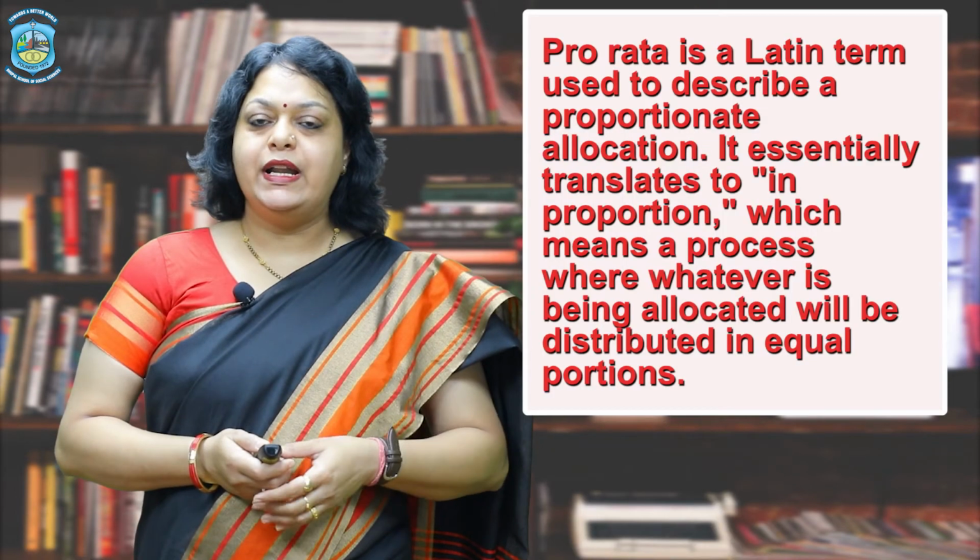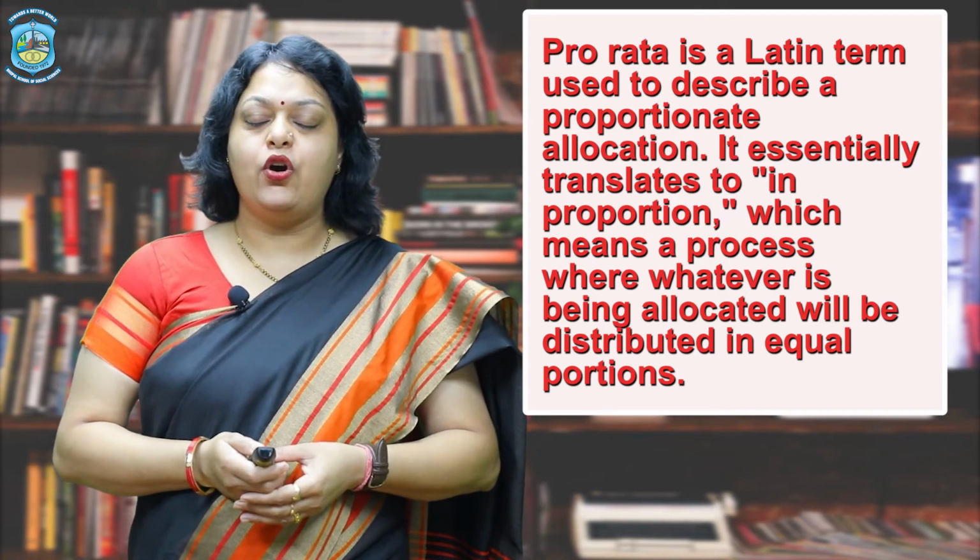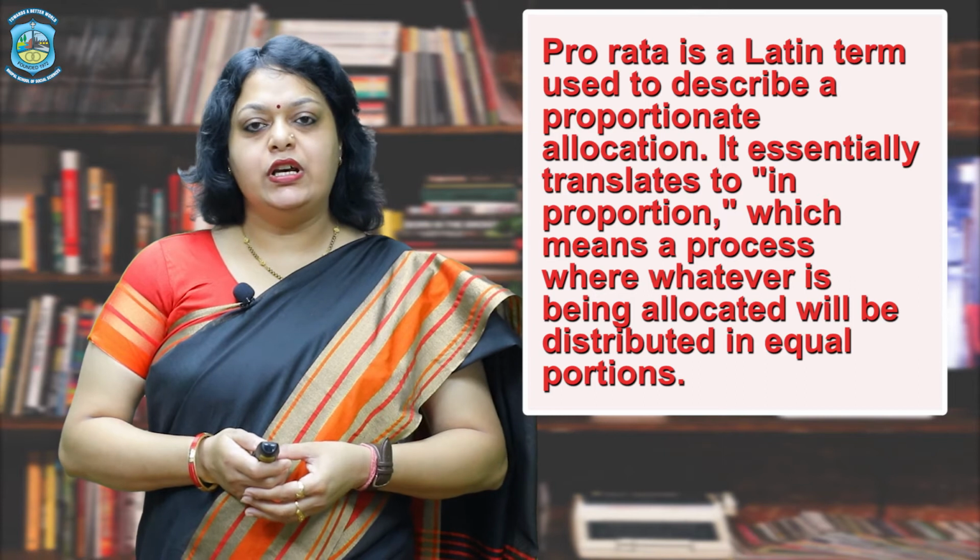Then we have the next condition, oversubscription. Oversubscription is the condition where the company issues the shares on a pro rata basis, and pro rata means a proportionate way of distributing the shares to the public.